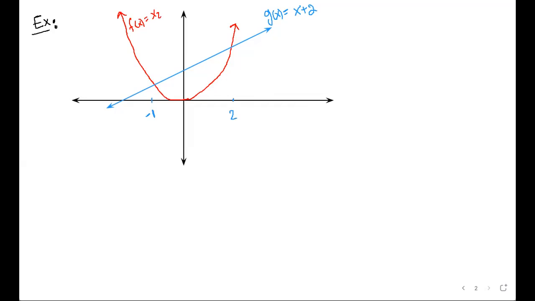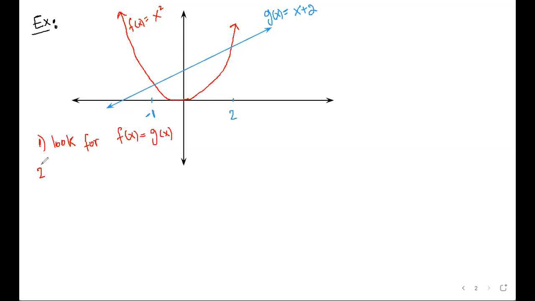Okay, here x squared. So my question now, first one, look for f of x equals g of x.